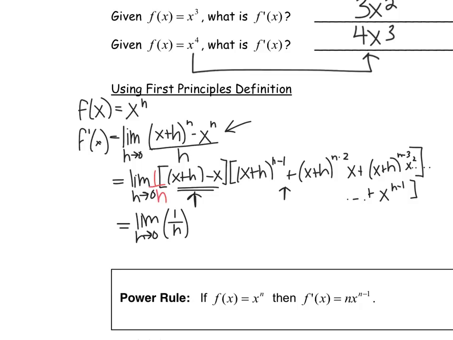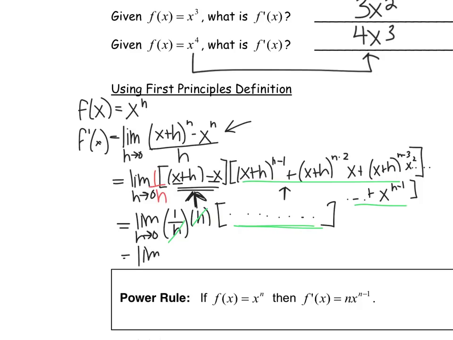Then in this part, I end up with x minus x, so I'm actually just going to have an h there. Then I have all of that stuff in the bracket, which we'll look at in a minute, but let's see that those two h's divide. So we just have this big bracket left.